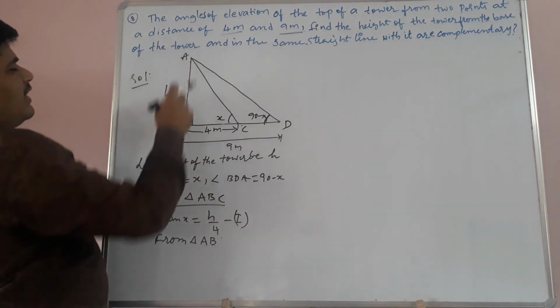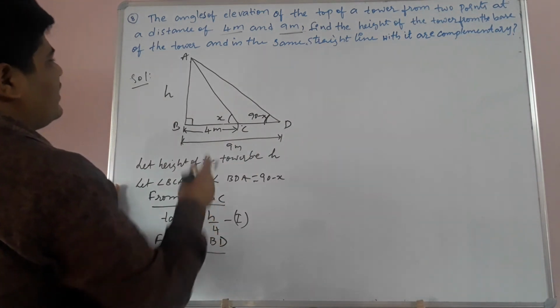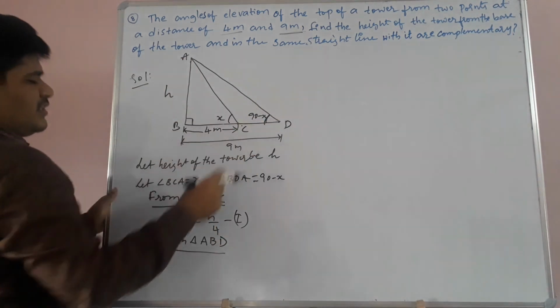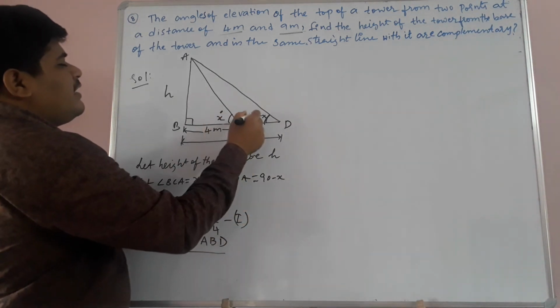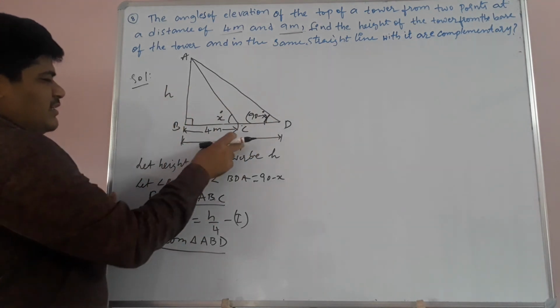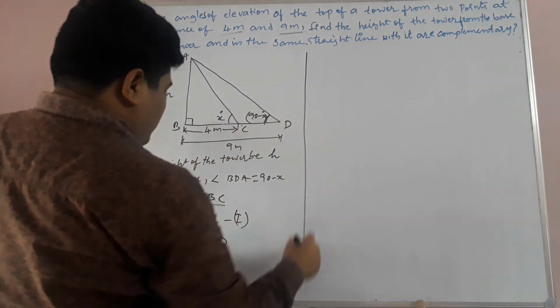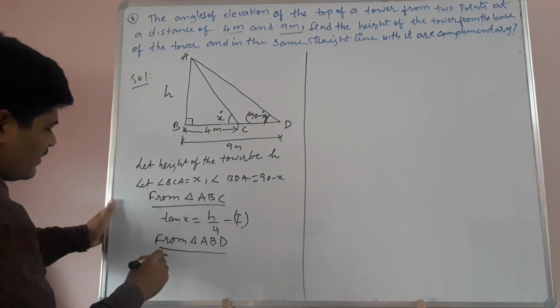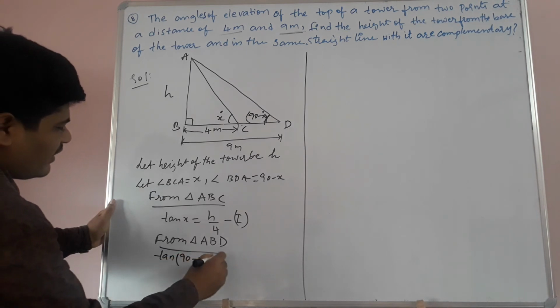And now take triangle ABD. In triangle ABD, what is the angle of elevation? 90 minus x, right? With respect to 90 minus x degrees, the opposite side is h and the adjacent side, from B to D, is 9. So we can write tan of 90 minus x is equal to h by 9.